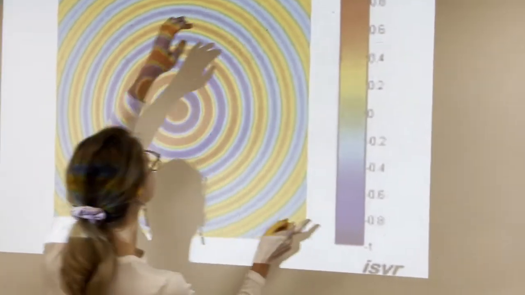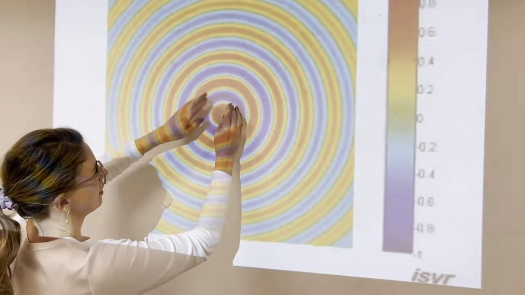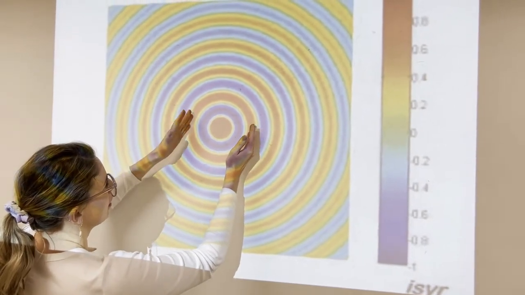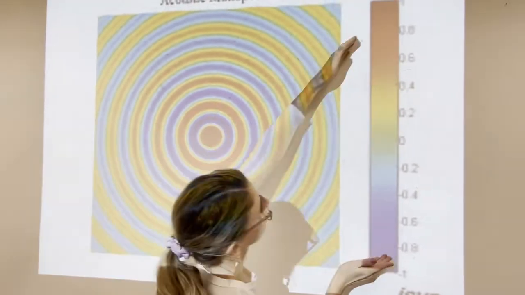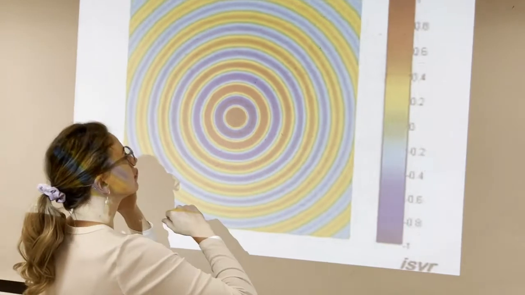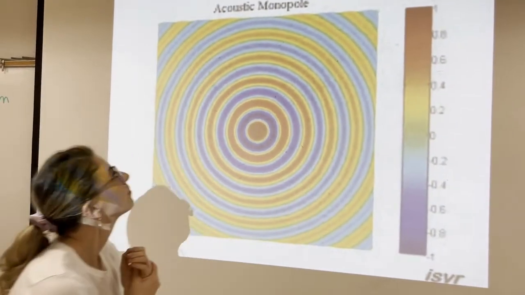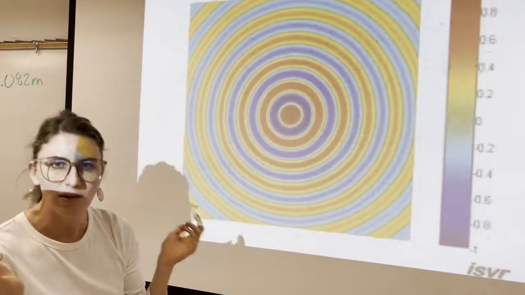The highest pressure is in the middle. And then what happens to the red and the blue as they spread out? They're not as dark, right? The pressure variation is less because that energy is spread over larger and larger surfaces. And what does that mean for the loudness that we experience?